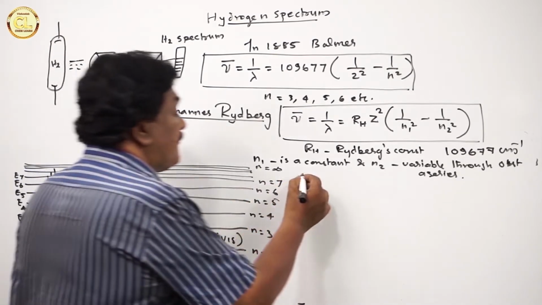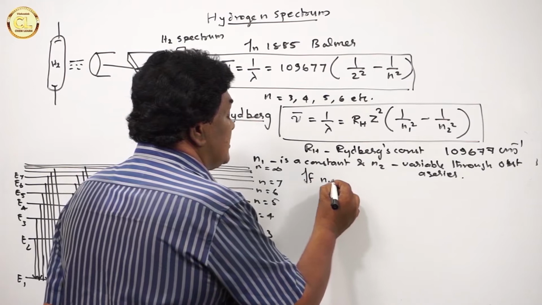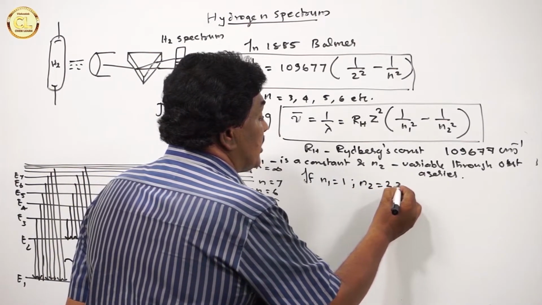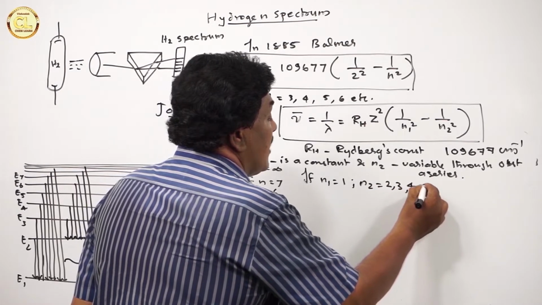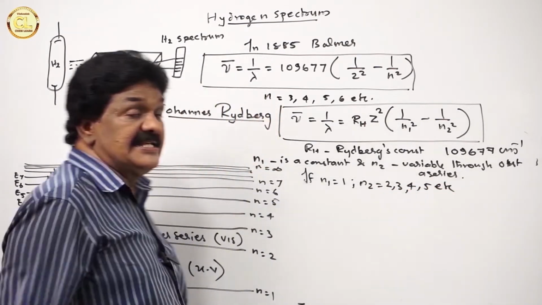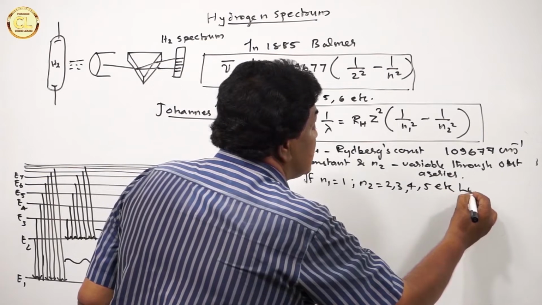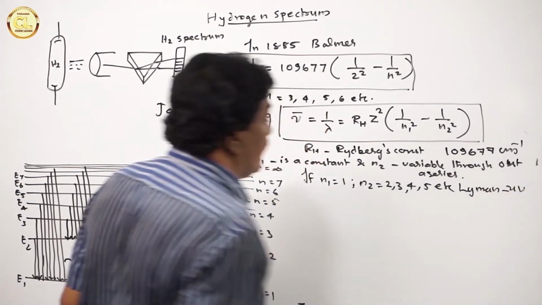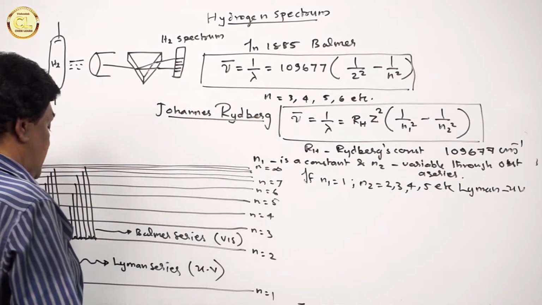See, if N1 equals 1, N2 equals 2, 3, 4, 5, etc., that series is called Lyman series and it falls in UV, ultraviolet region.